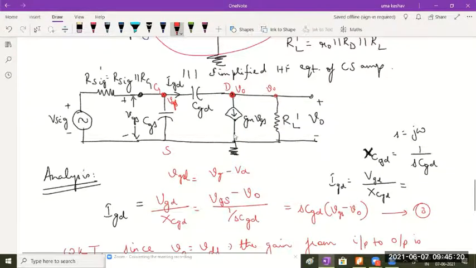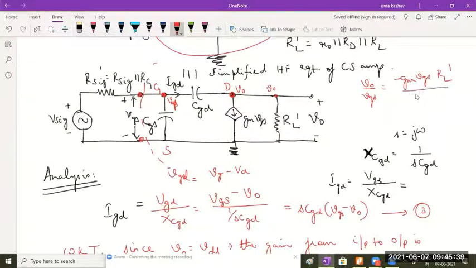See, if I just want to find the gain from this point till the output, if I want to find the ratio of V0 by VGS, V0 will be minus GM VGS into RL dash, divided by VGS. So the input side is VGS and the output is V0.